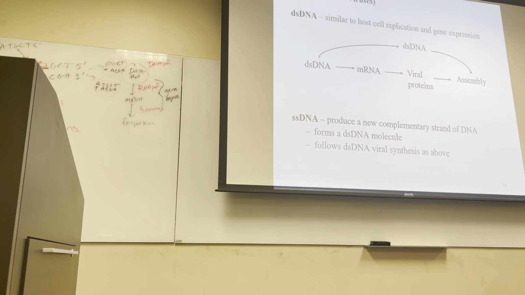Now, we can start making both sides again if we need to. We don't really have to since we just need to keep a single strand. But we've got the other side now to produce more of the single-stranded DNA. Then this molecule up here can be read by our RNA polymerases to produce more of that message and to produce more of the viral proteins.